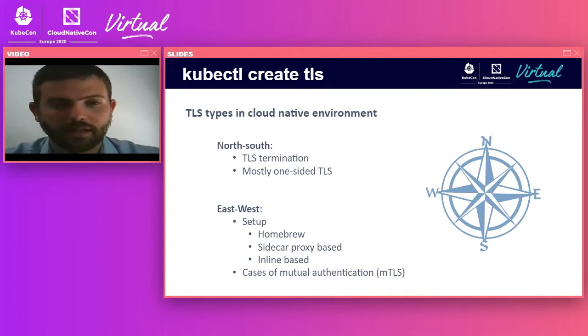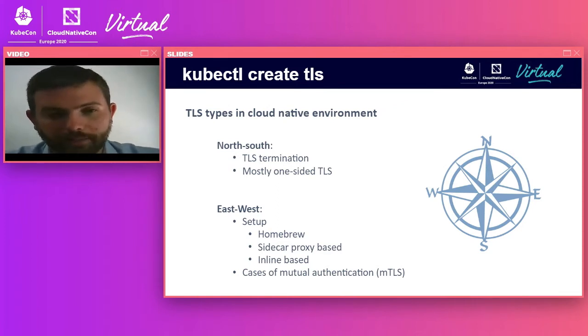Usually the incoming TLS from the public internet is one-sided, because the clients, the endpoints, want to verify, before they send some kind of authentication token or credential, that they are talking to the right server, and there is no real point in validating the endpoint identity at this stage. So it's one-sided TLS.